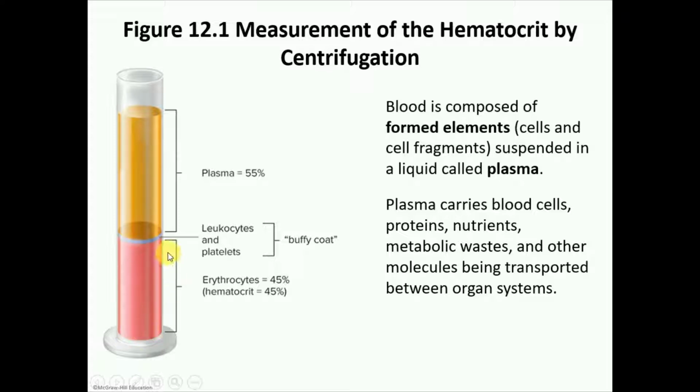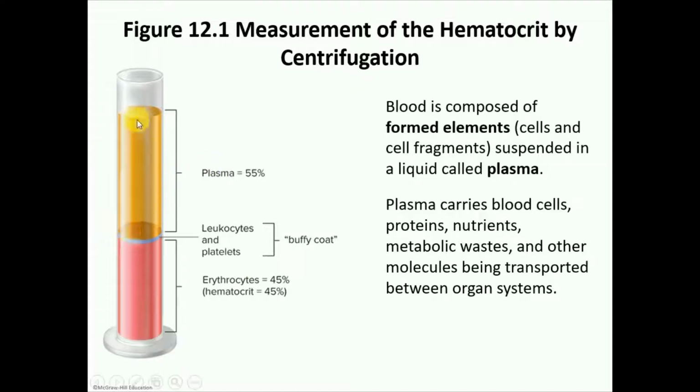So about 45% of your blood is made out of erythrocytes, which are your red blood cells, and that is known as the hematocrit value. The hematocrit value is the percentage of RBCs relative to the whole blood.